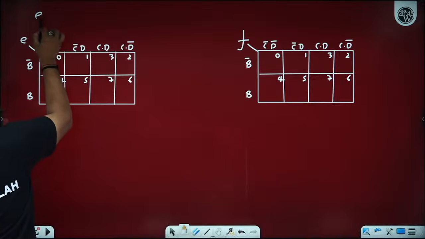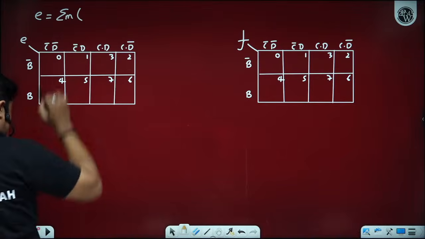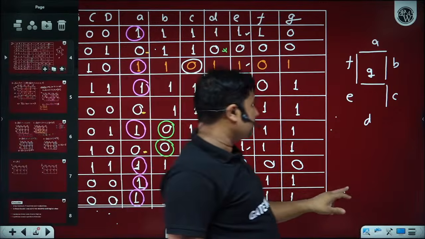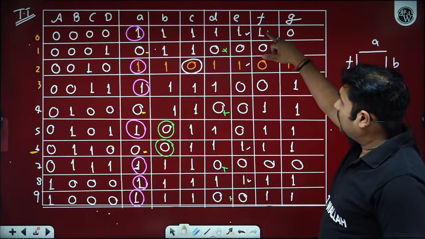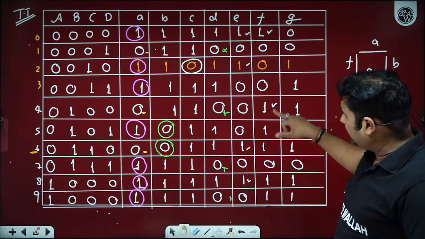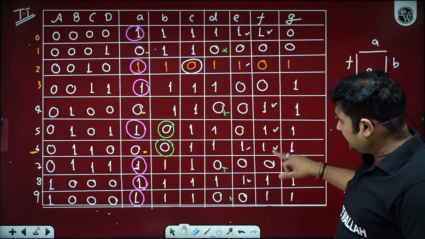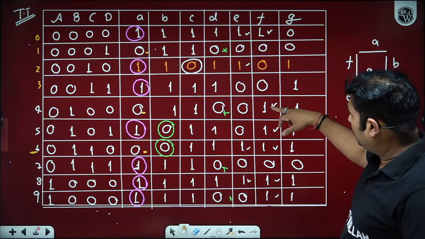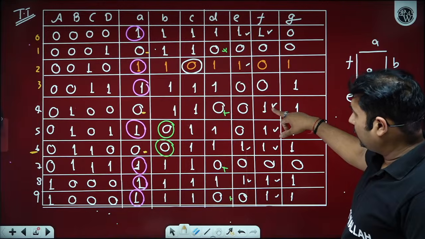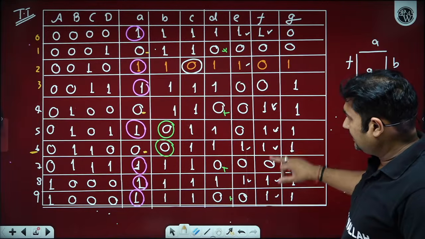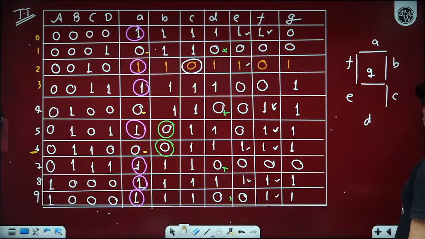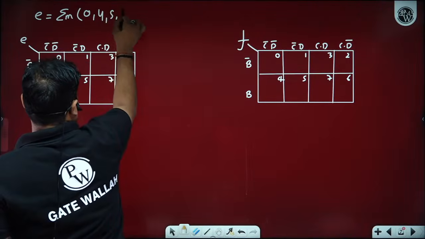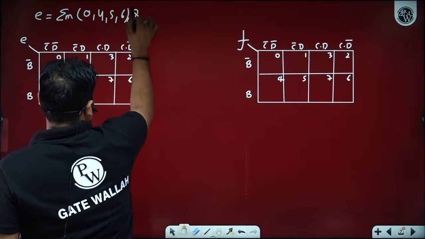Now for E, from the truth table we can observe the positions where we are getting output logic high: the binary of 0, 4, 5, 6, 8 and 9.